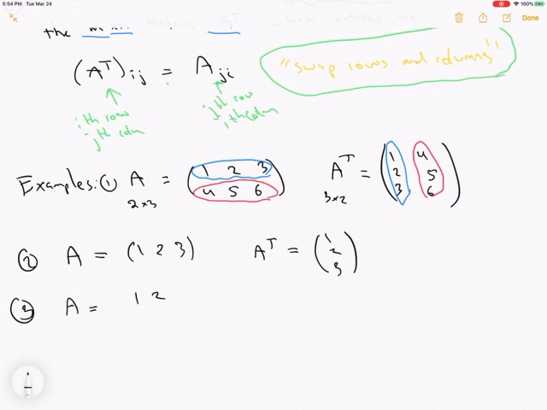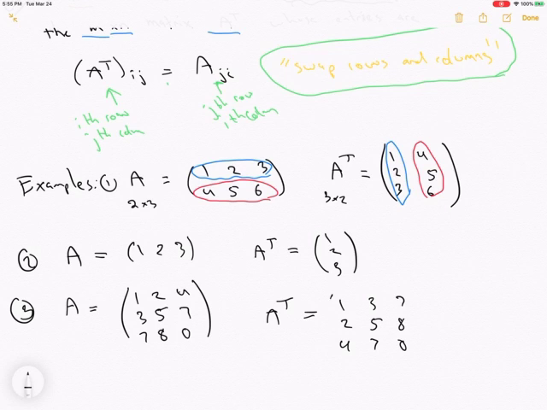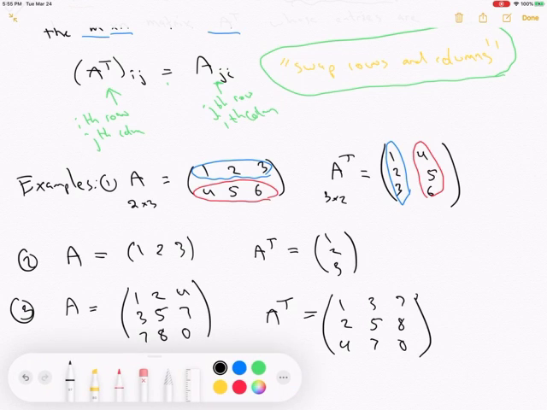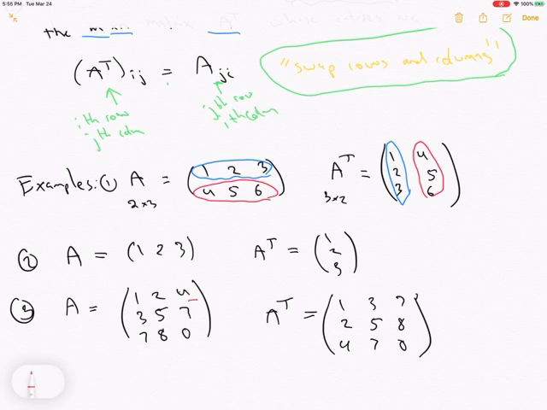If the matrix is 1, 2, 3, 5, 7, 8, let's keep going, 4, 7, 0. So this is a square matrix. The transpose will also be a square matrix, but now you're swapping the role of the rows and columns. The way I do it in my brain when I'm writing these out is I first read the row of A, and then I just write down the column of the transpose.